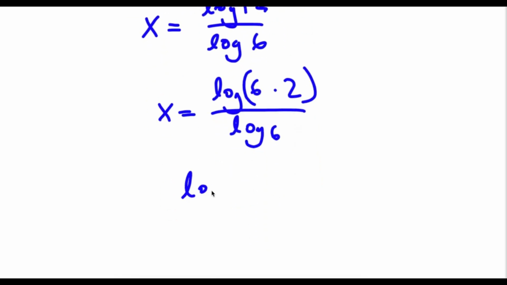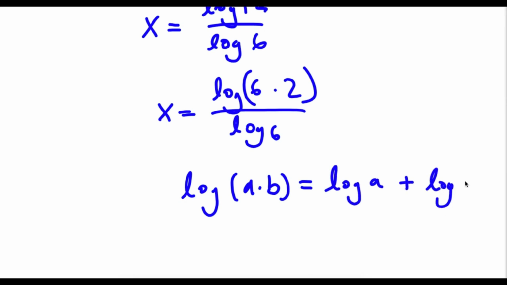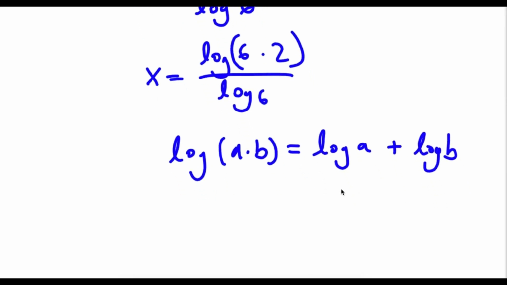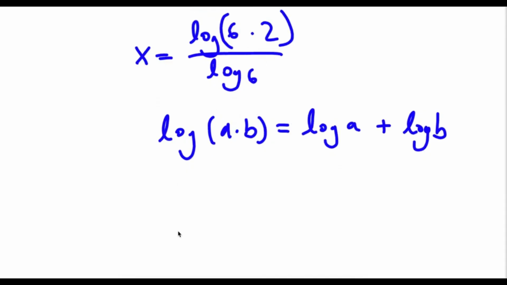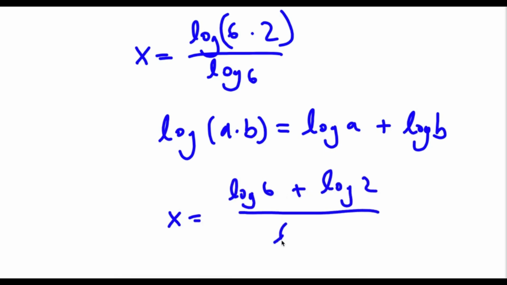Now if I have something in the form log a times b, this is equal to log a plus log b. So log 6 times 2, that's going to equal log 6 plus log 2. And I have this over log 6.